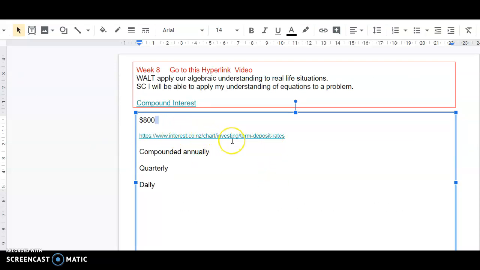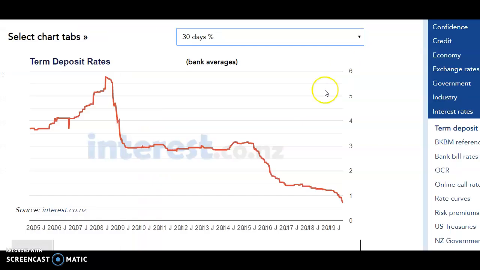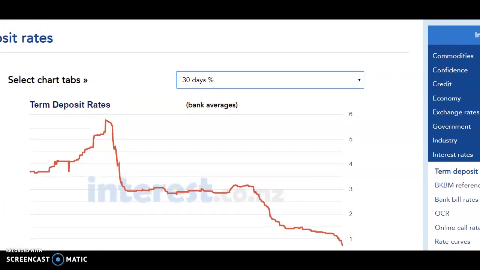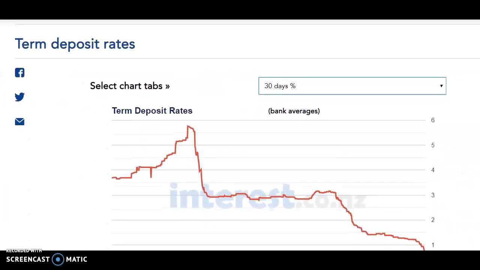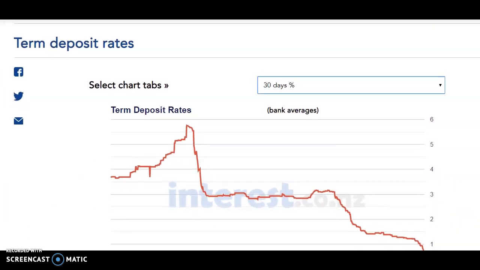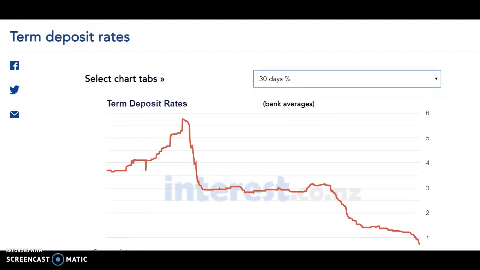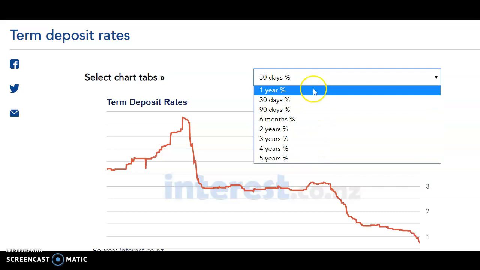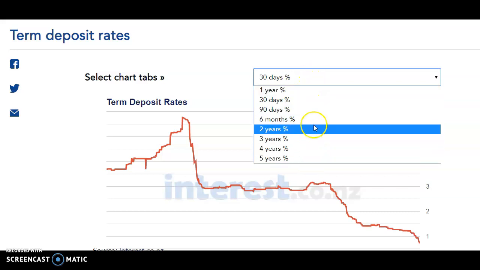So you need to go to a site that helps you work out what the interest rate was. I have hyperlinked an account there. Here it is, and this works out term deposits on the basis of whatever you want to invest.